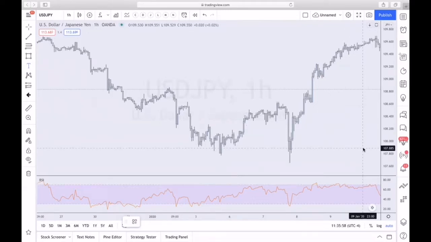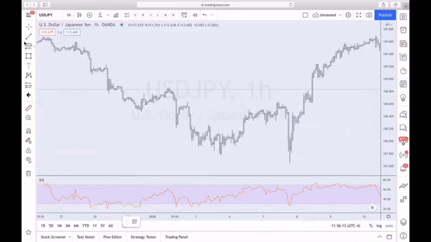In the market, it's very important that you have multiple confluences, multiple confirmations, to give you the reason that you are going to take a trade and execute that trade, so that you have confidence in that trade.